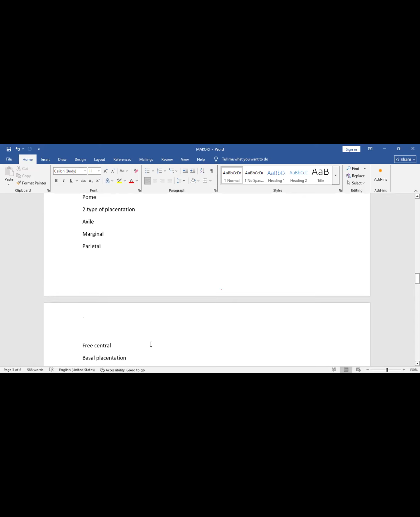Thank you. So on the types of placentation, we have got the axile placentation. When you make a transverse section, of course, we have got 2 types of sections that can be made when cutting our specimens: the transverse sections and the longitudinal sections.